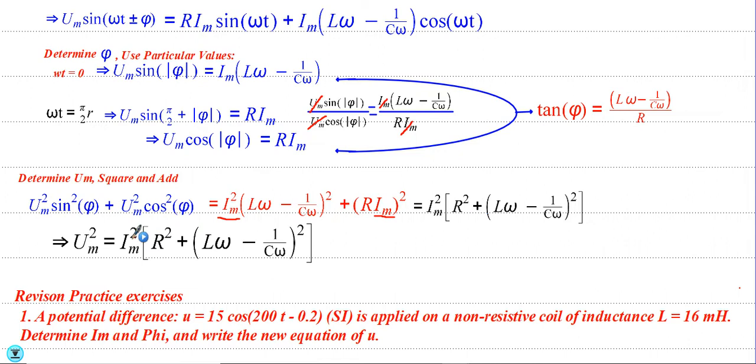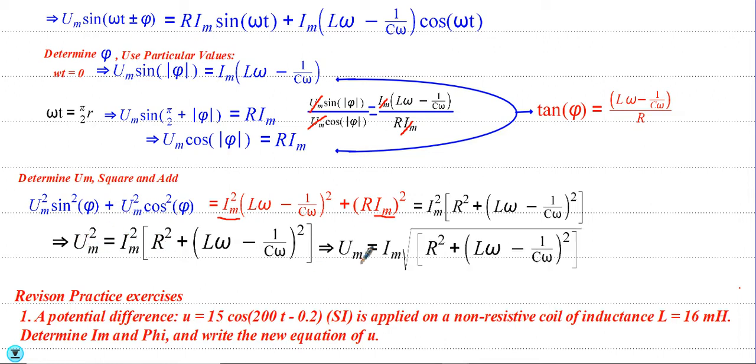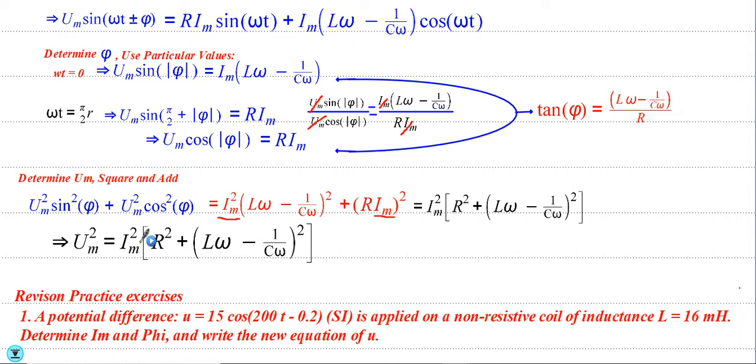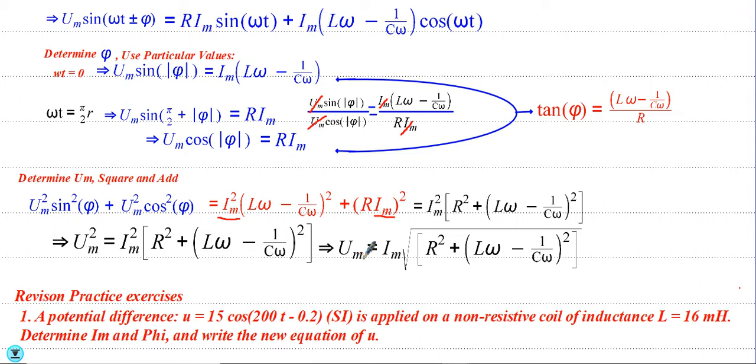Based on that, we need to find u of m. u squared m times sine squared phi plus cosine squared phi, which is 1. So what remains is u squared m. Simplifying, we find u of m is I m, because it is multiplied here, times the square root of everything inside.